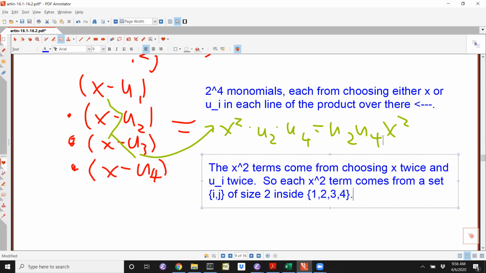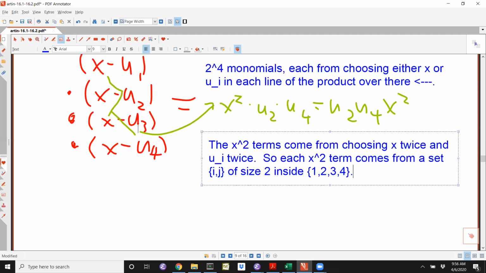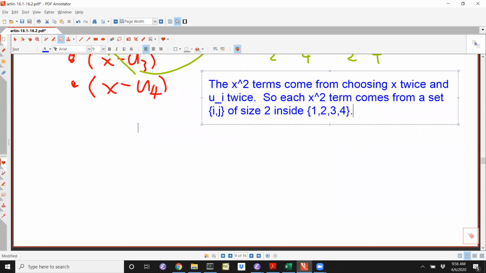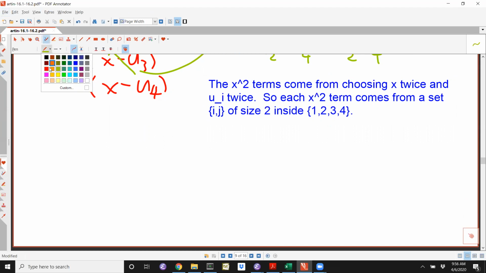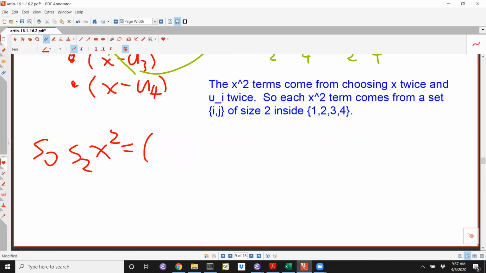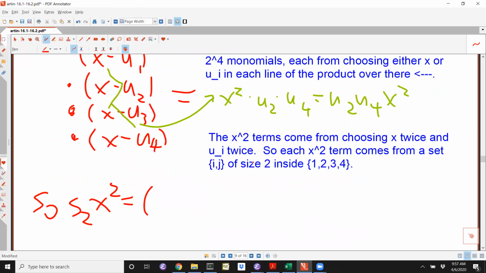So does that make sense? Okay. I think we're more in the ballpark here. So S2, by definition, S2 x squared is equal to, well, one way to get an x squared term is to have picked u2 and u4, but you could have also picked u1 and u2, and u1 and u3.